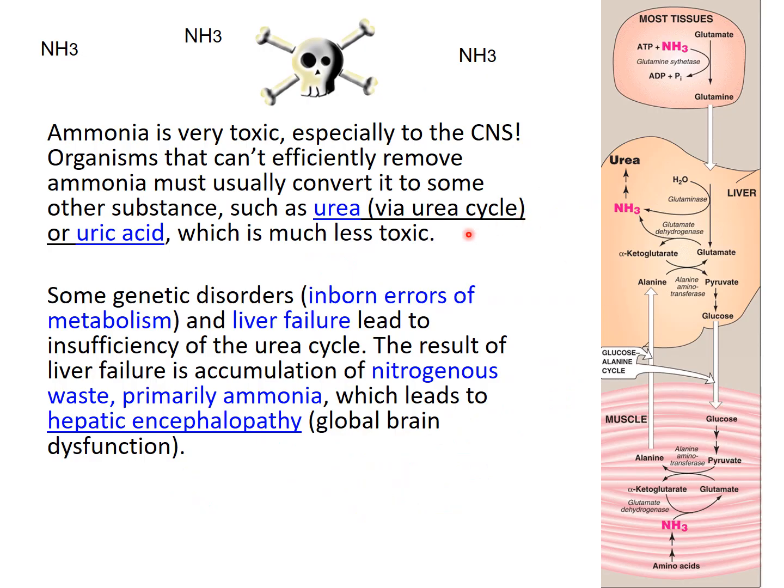We want to remove ammonia because ammonia is highly toxic. Every animal will eliminate ammonia. Some of them can eliminate it in ammonia or ammonium ion form. Lucky for them. Birds, for example, can eliminate ammonia in the form of uric acid.